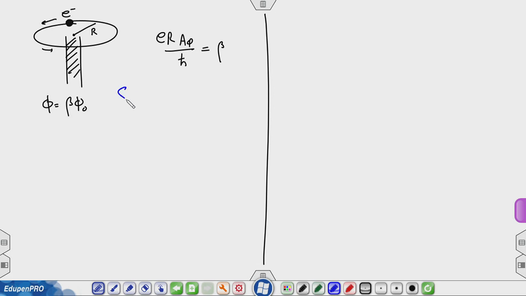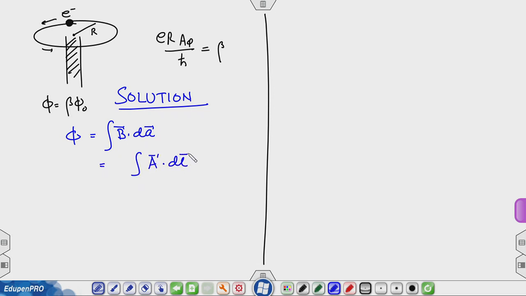So, solution: flux phi is equal to integral of B dot dA over the cross section, and this can be written as integral A dot dl over the path surrounding that tube. And for the path of radius r, since A phi is a constant, this is going to be A phi times 2 pi r.